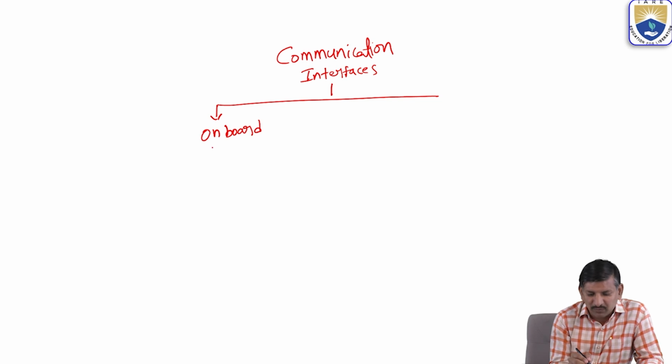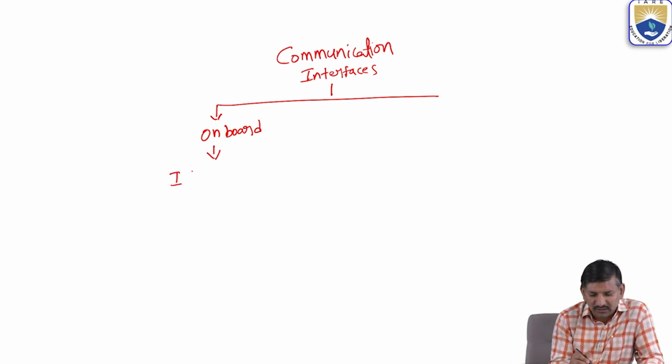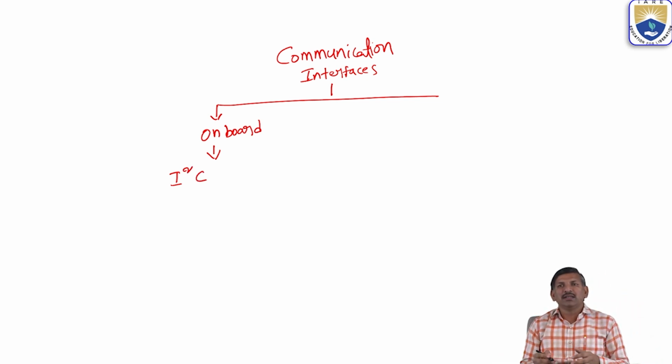Examples for onboard communication peripherals: first one, inter-integrated circuit. Inter means in between the elements of the embedded system. An embedded system contains various elements: core components for executing the instructions, memory devices for storing the instructions, input devices for capturing the current information, output devices for monitoring and controlling the peripherals, and additional hardware for doing special functions.